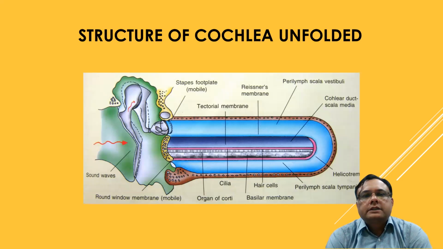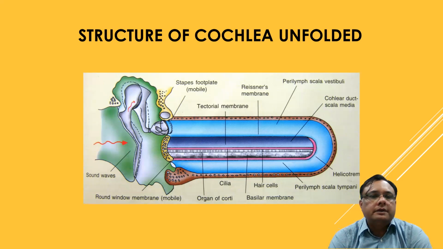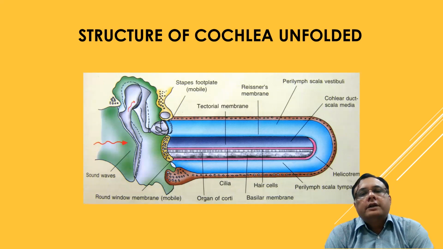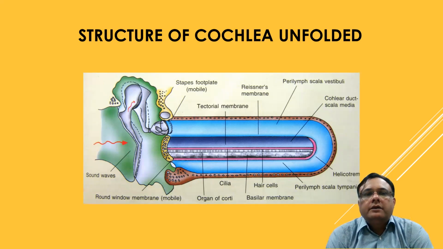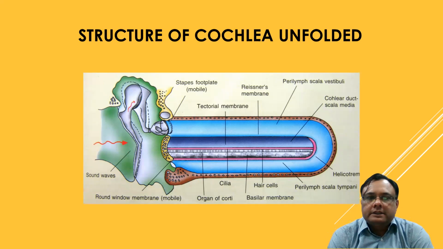This is the structure of the cochlea. You can see perilymph in the scala vestibuli and scala tympani, and endolymph in the scala media, where the tectorial membrane and the basilar membrane lie, that is the organ of Corti, where the transduction takes place. Transduction means the conversion of mechanical energy into electrical impulse.